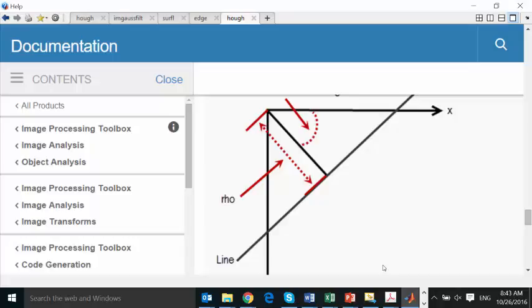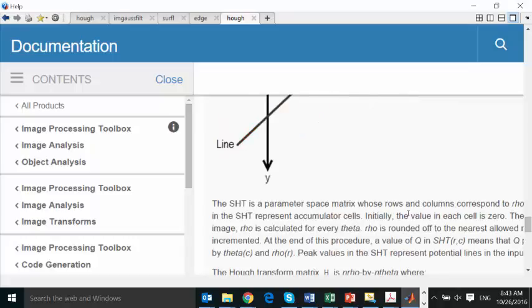So this is how it is implemented here in MATLAB. So don't get confused, actually. It is the same concept, okay? But here what will happen is that the direction of the y-axis has been changed. Instead of increasing in this upward direction, it is increasing in the opposite direction. That's it. Okay? And everything else is the same.